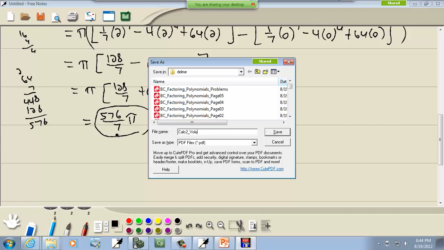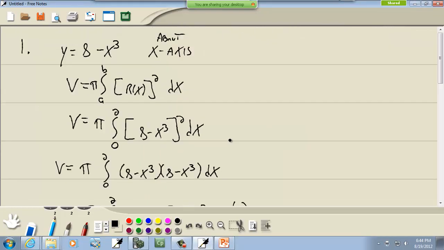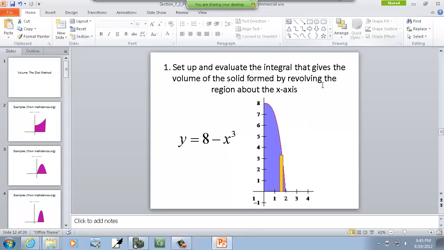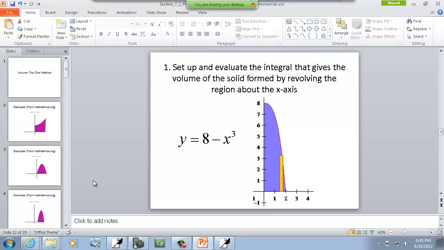Let's see, volume, the disk method, page 01. There we go. And let's look at our second problem.